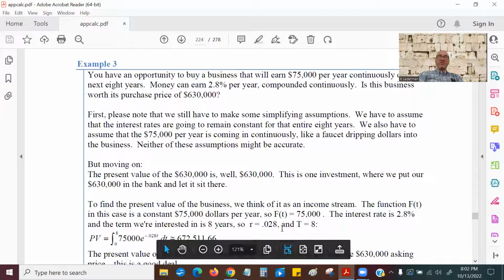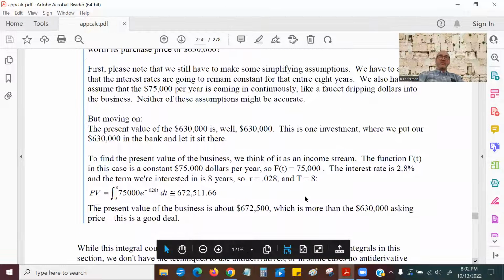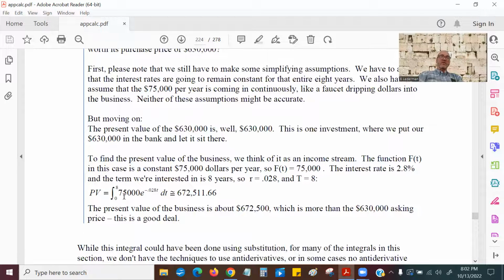So t equals 8. Present value is going to equal the integral from 0 to 8, because that's 0 to t, of f of t, which in our case is just 75,000, times e to the negative 0.028 t dt.